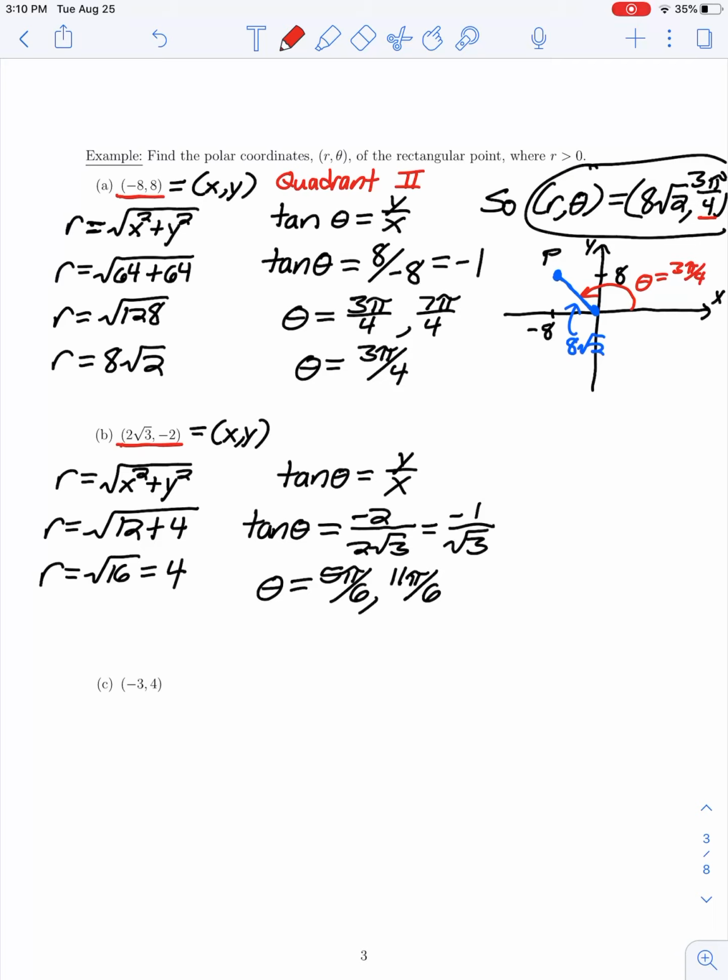For the given point, we had a positive x and a negative y value, which means that we lie in quadrant 4 of the plane. So which of these two angles gives us a point that lies in the fourth quadrant? Well, 11 pi over 6 is an angle that lies in that quadrant. So theta will be 11 pi over 6. For our answer, we would say r theta is the point 4, 11 pi over 6.